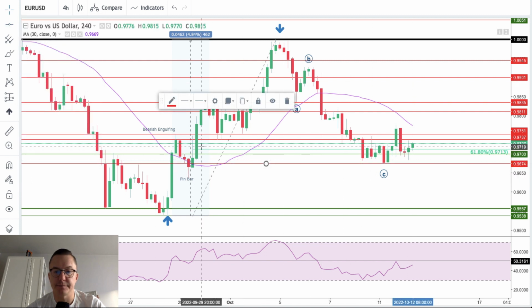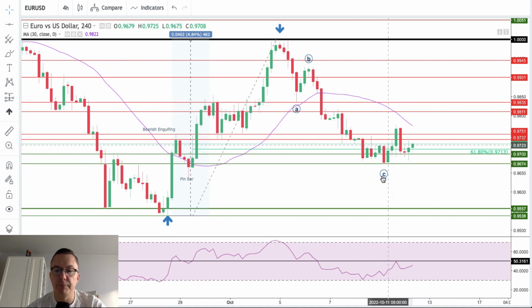So eventually that's the technical support here for the wave C. We bounced quite nicely higher. The local high was made at 0.9691. However, as you can see, straight on a red candle here, and now the market is locked around the level of 61% of the Fibonacci retracement, and it looks like this market doesn't know where it wants to go.